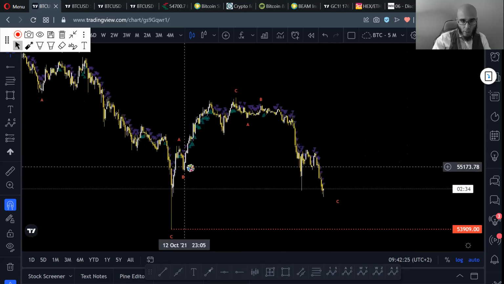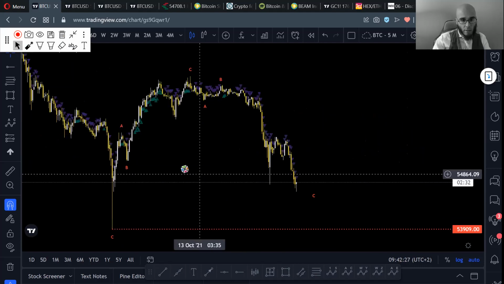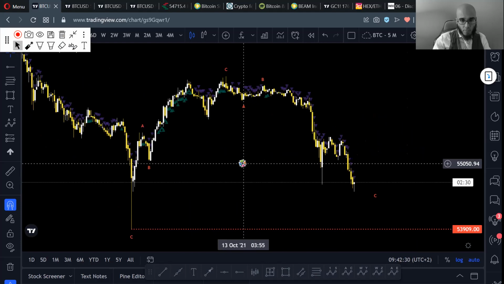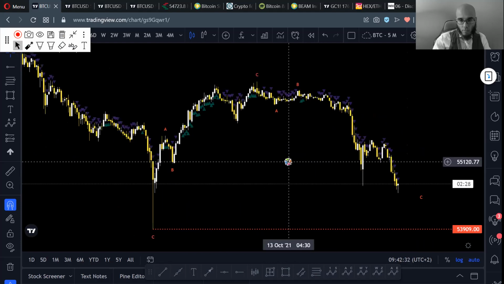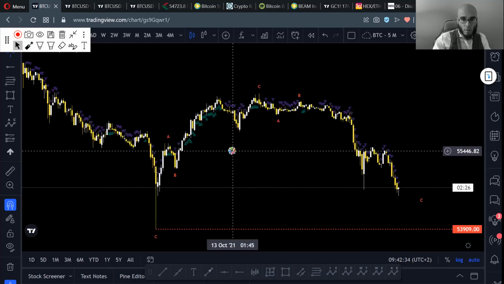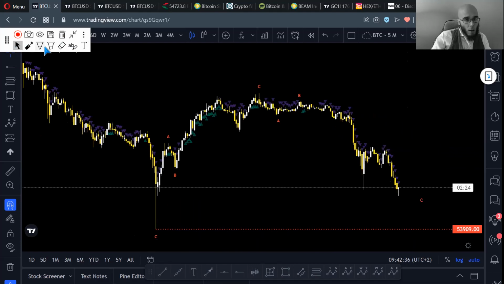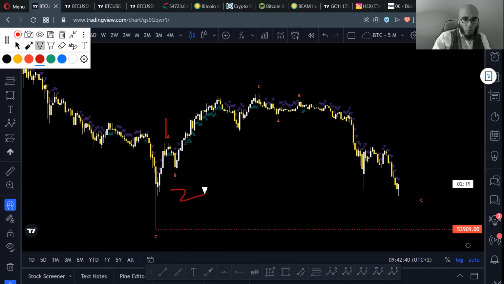So the alternate count would look like this. I would put a 1 here, a 2 here, a 3 here, a 4 here, and a 5 here, okay?